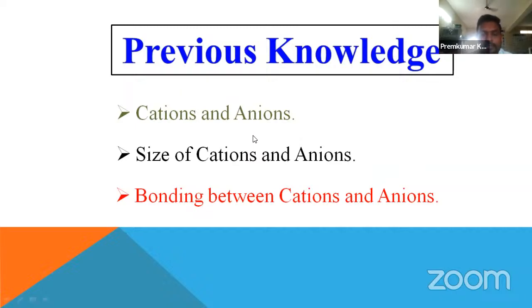I will ask them to tell me about these cations and anions, how they form that solid. Again, I will ask the size of cations and anions, so that they can clearly understand the formation of the solid, and some other points, for example, bonding between cations and anions.